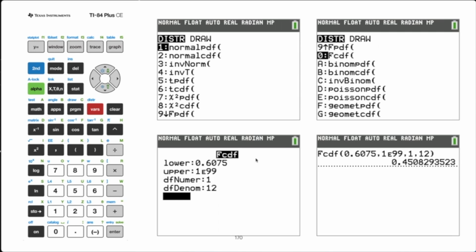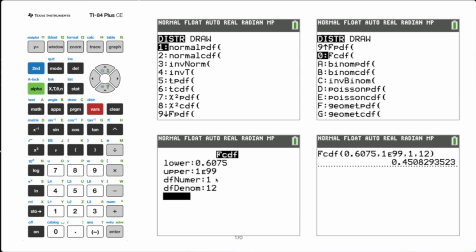For this particular example, the value of the test statistic was 0.6075 to 4 decimal places. We want to essentially integrate the PDF from 0.6075 up to infinity. So this is essentially calculating 1 minus the CDF evaluated at 0.6075.